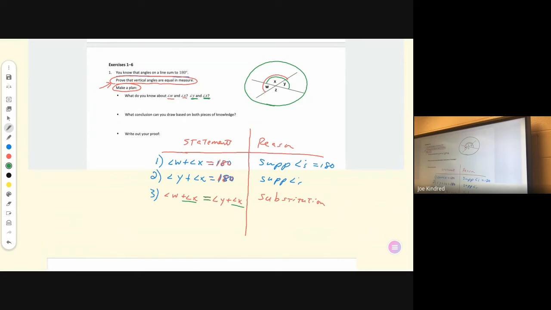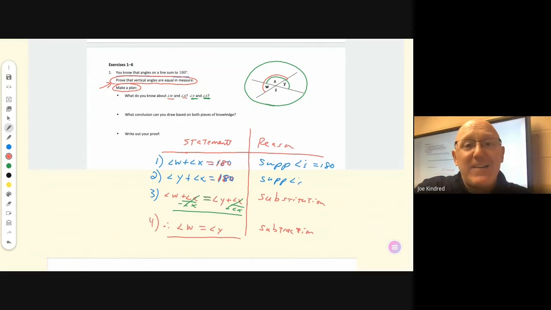So if I were to think of subtraction, think of this like subtraction. That reduces out, and I'm left with my final statement. Angle W is equal to angle Y. And the reason, the subtraction property. And so we've proven vertical angles are equal.